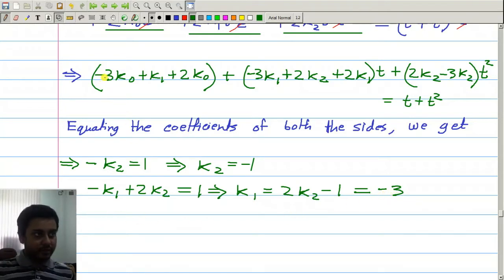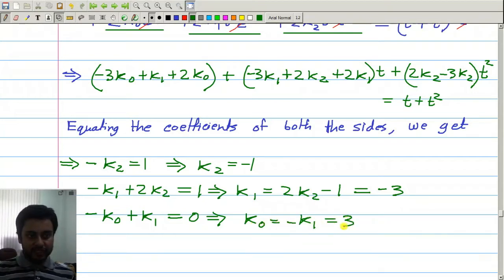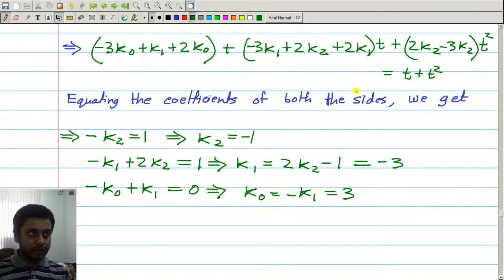And finally minus 3 plus 2, that means minus k0 plus k1 is equal to 0. So k0 is equal to k1, that is minus 3.